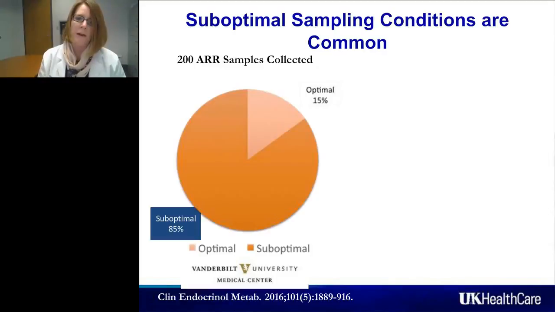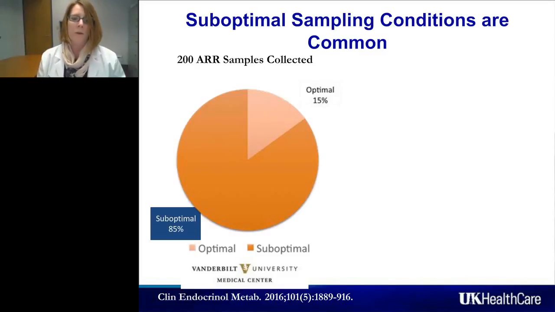And what we found, when considering the following suboptimal conditions, including patients on greater than one interfering medication, inappropriate collection time, i.e. samples collected after 10 a.m., samples collected when the potassium status was not assessed or potassium was abnormal, or samples collected when renal function was not assessed or abnormal.